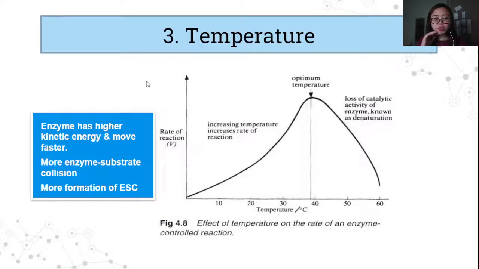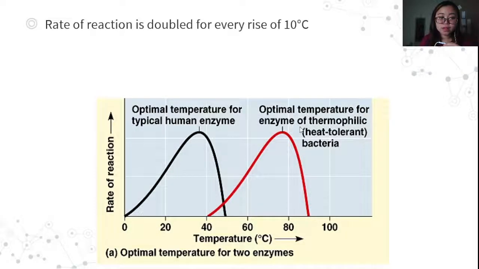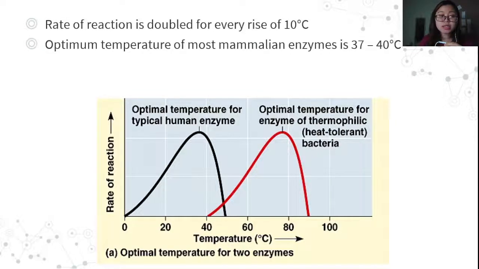So here we are showing it on the graph once again. As we increase the temperature before optimum temperature, enzyme will have higher kinetic energy and move faster. So more enzyme substrate collision and more formation of enzyme substrate complex. The rate of reaction is doubled for every rise of 10 degrees Celsius, and the optimum temperature of most mammalian enzymes will be between 37 degrees Celsius to 40 degrees Celsius.